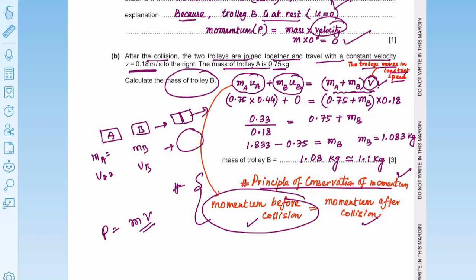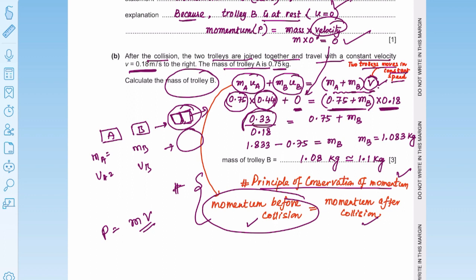So now simply the mass of trolley A is given 0.75, speed of trolley A is given 0.44. Before collision, we found that the momentum of trolley B equals 0, and mass A plus mass B, because they are joined together, they're like a single system, times the single speed given, 0.18. So when you do this, I got 0.33, I think, right?